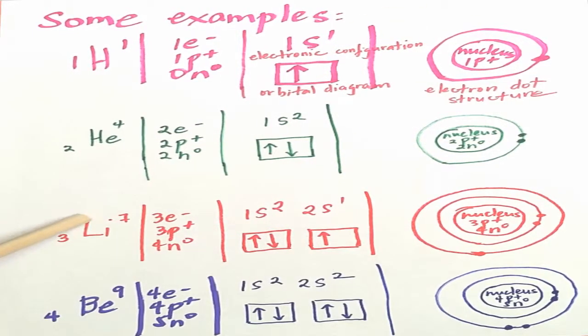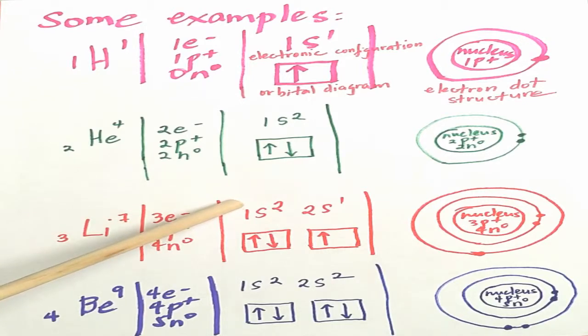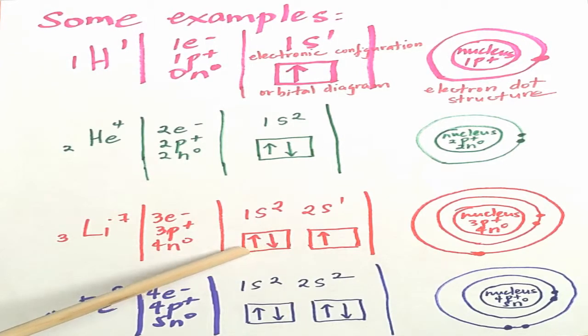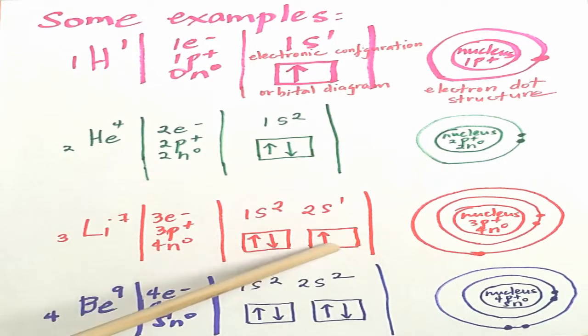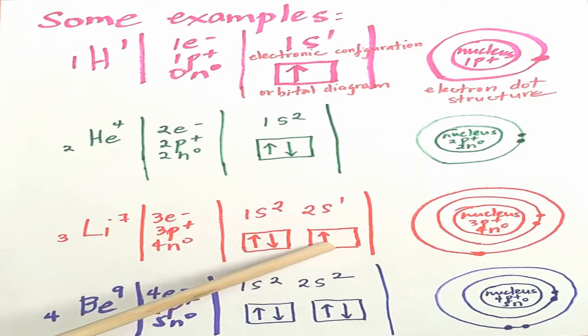Moving on, we have lithium-3,7. So notice that lithium has 3 electrons, right? So its electronic configuration will be 1s2, 2s1. Its orbital diagram will be this one, where you have the 2 orbitals, the 1s2 with the 2 electrons, and the 2s1 with the 1 electron.